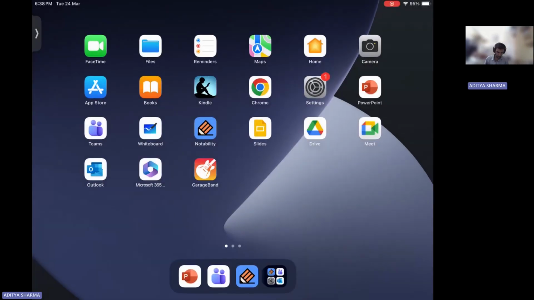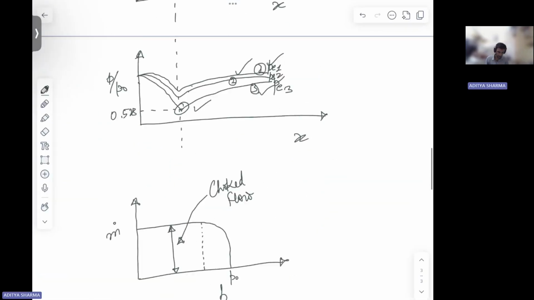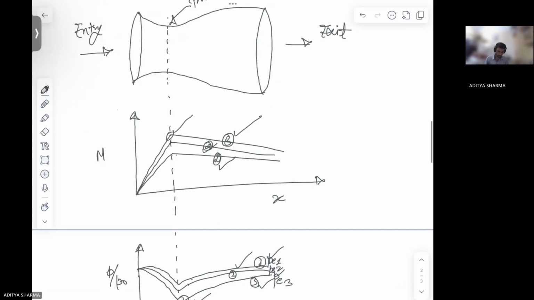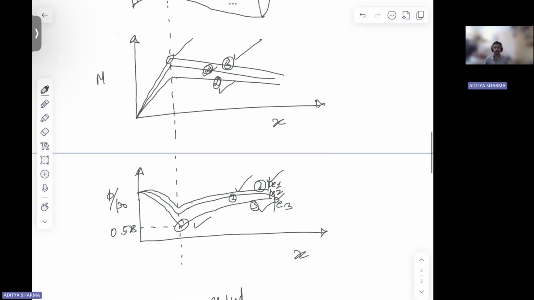Why so? We have seen here that we need to have some pressure ratio related to your entry and exit. With respect to the pressure you have at the entry, you need to maintain some minimum exit pressure.